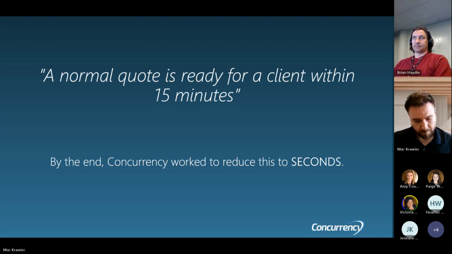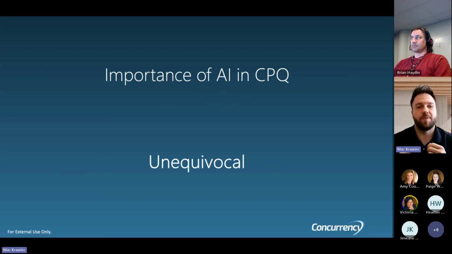And before we continue and get to the more technical fun part, let's talk about the importance of AI in this process, in our quoting process. I only have one word for it, and that is unequivocal.